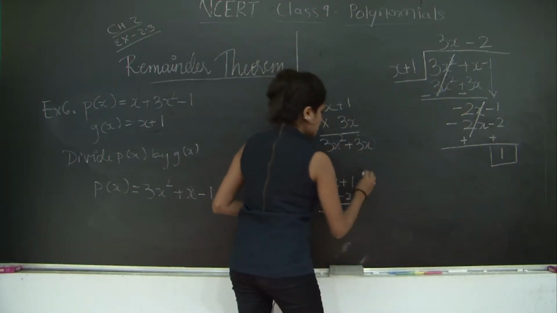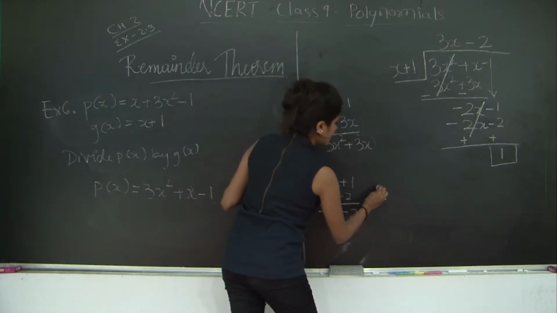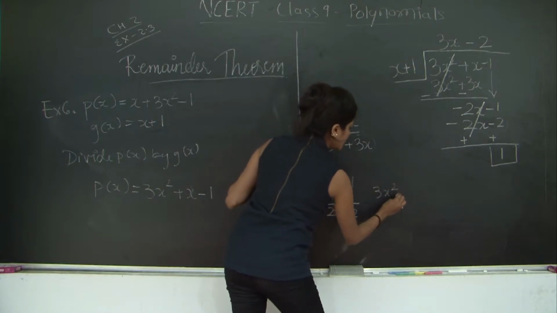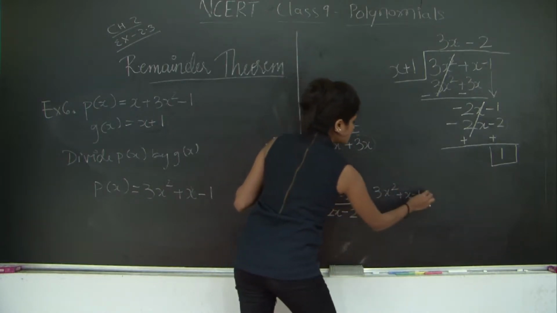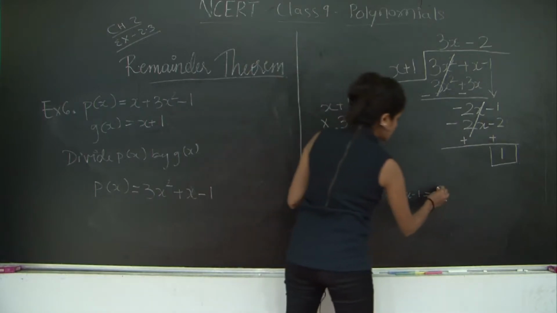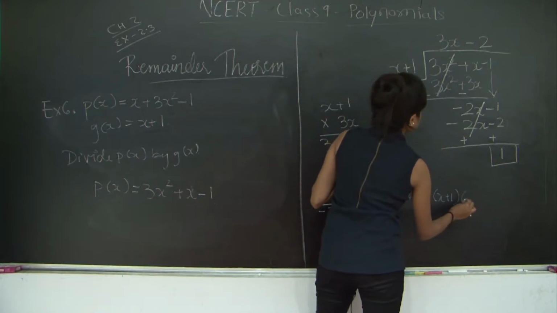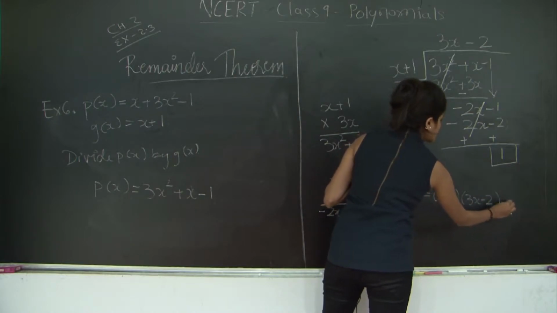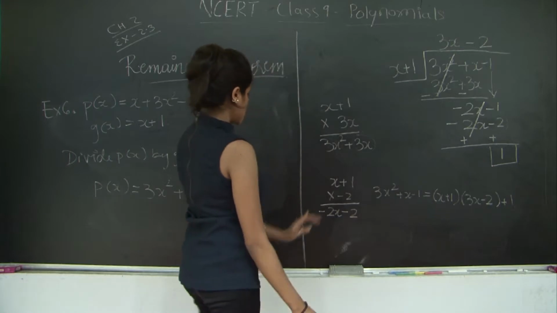Now writing this in the form of dividend is equal to divisor into quotient plus remainder, I get my dividend 3x² + x − 1 is equal to my divisor x + 1 into quotient, which is 3x − 2, plus remainder. So my remainder is +1.